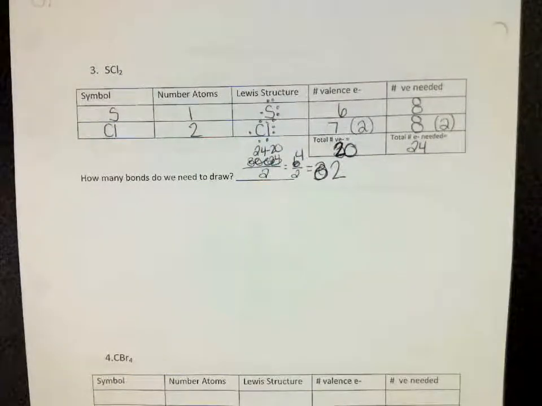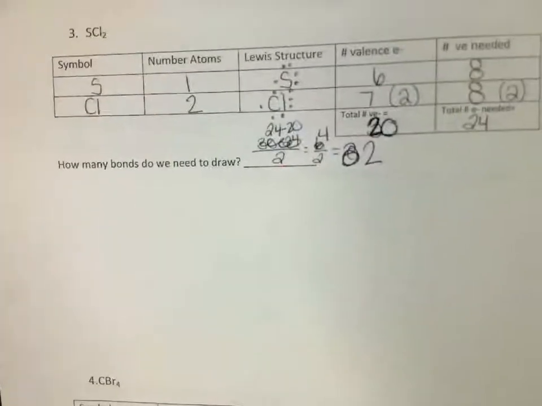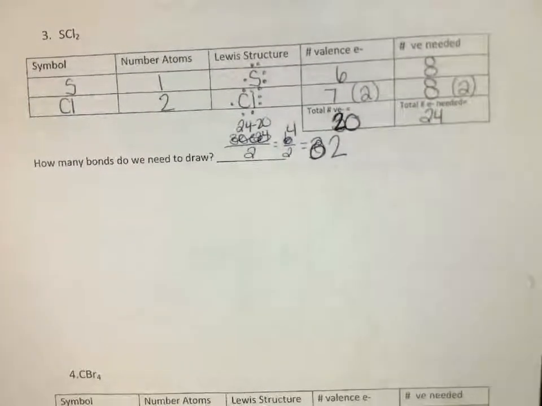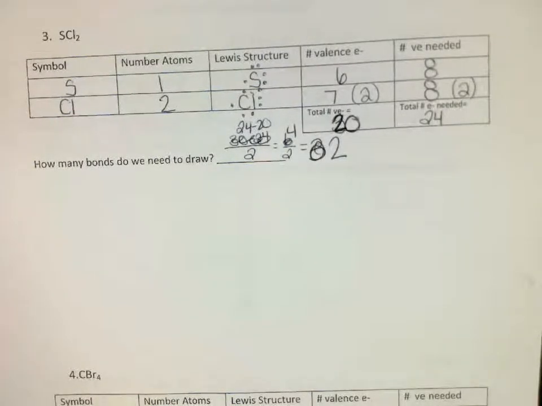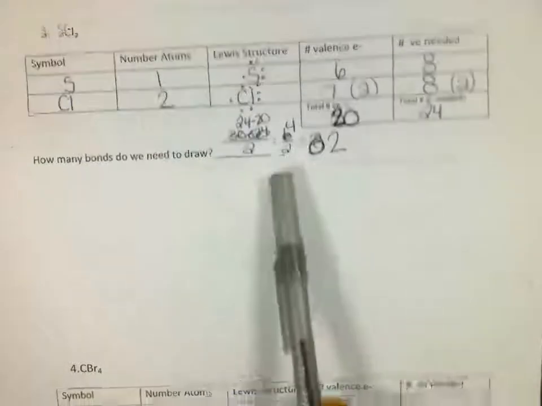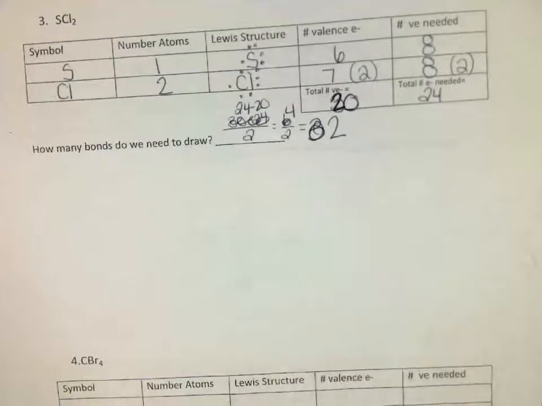Look better? So it's 24 minus 20 over 2. So we get 4 over 2, so we get 2 bonds.